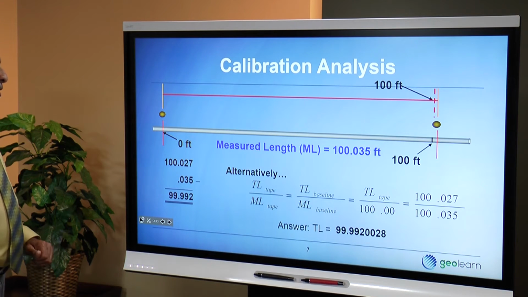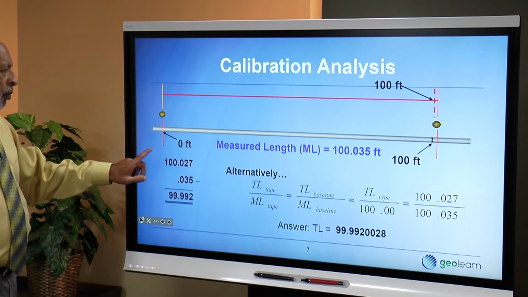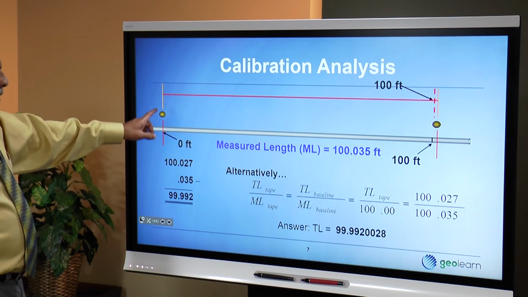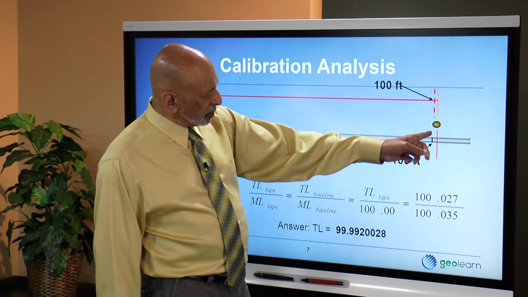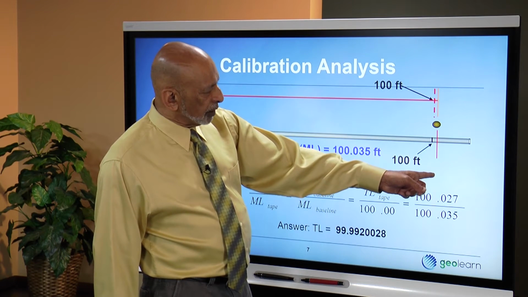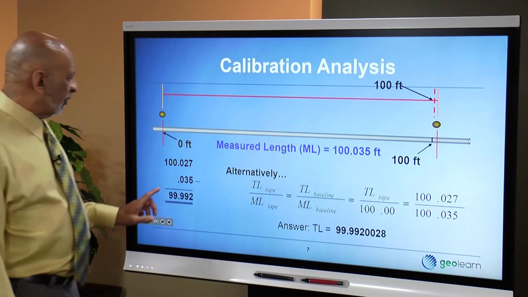And so one of the ways of looking at this is to say, okay, we have 100.027 from the 0-foot mark to this red line, which is the extension of where the other calibration point is. And we read 100.035.